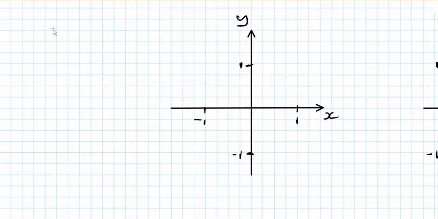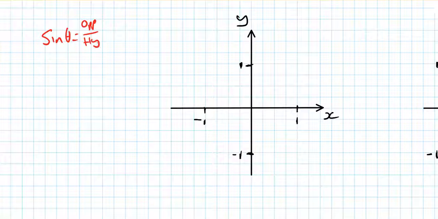You should know already that the sine ratio, or sine of theta, is going to be the opposite over the hypotenuse. Now, what I'd like to try and do is to superimpose this onto the x and y axes, right? And let's think about triangles on that plane and see what happens.